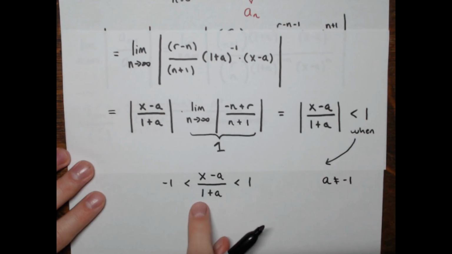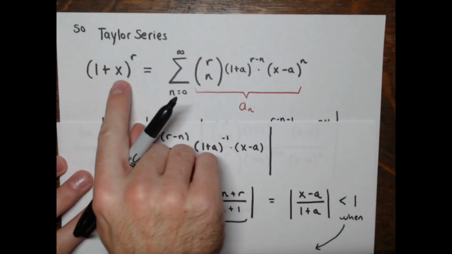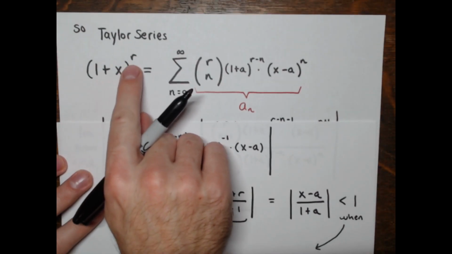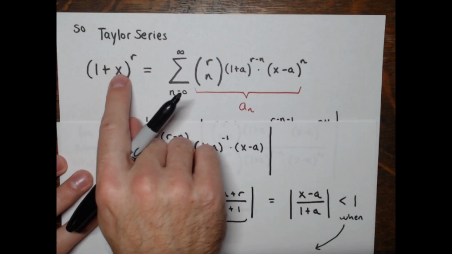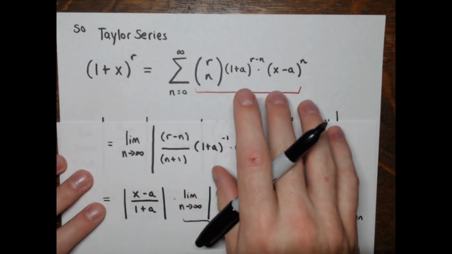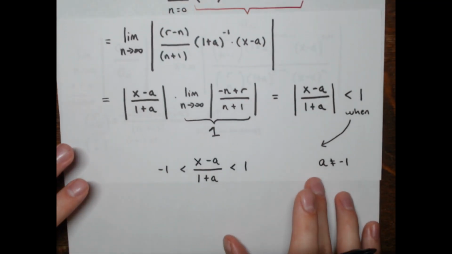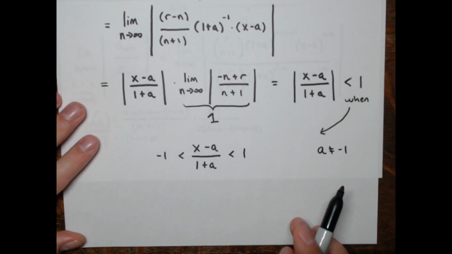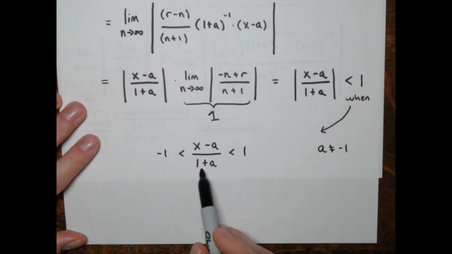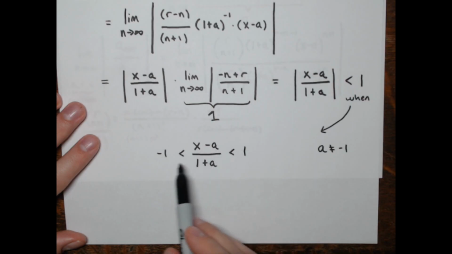Because if a were negative 1, this denominator would be 0. And then also you'd have 0 to the r, 1 plus negative 1. When you plug in negative 1 for a, 0 to the r would always be 0, so there'd be really nothing interesting to talk about here. So as long as a is not negative 1 here, we multiply everything by 1 plus a. Now, 1 plus a could be negative and it would flip things, but I'm just going to keep it the way it is.